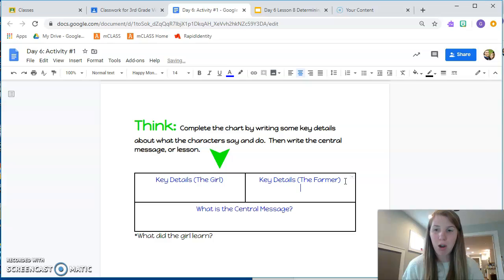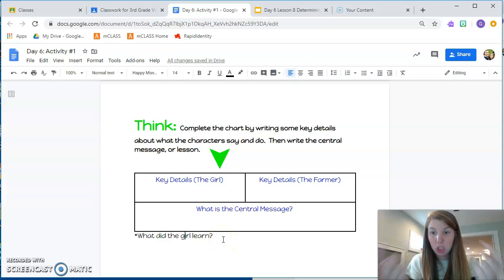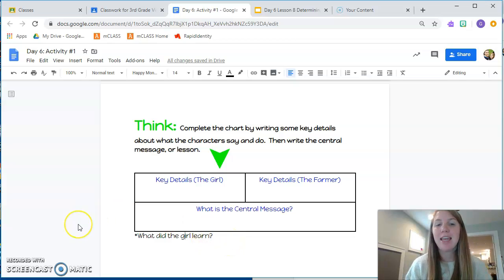And what does the farmer do or think? From these two, we're going to write what you can learn from the girl. What did the girl learn and how can you apply that to you? Go ahead and pause your video, fill out this chart, and then come back to me for some answers.